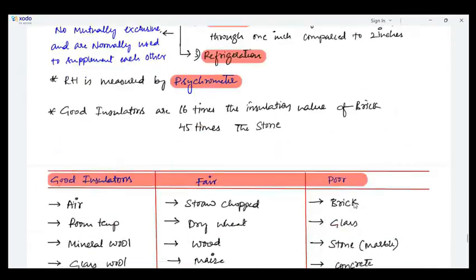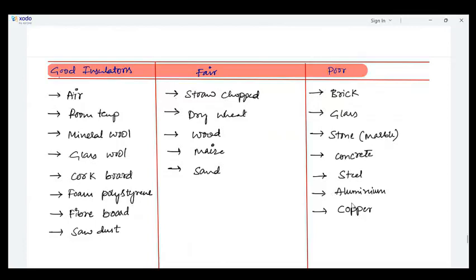Temperature control, ventilation. Okay, I have seen one particular question. I don't remember which year's paper it was. They asked which are the good conductors, fair conductors, and poor conductors. I tried to make a list out of it. Just try to remember this complete list of good insulators, fair and poor insulators. Poor insulators means they transmit the temperature in a good way.